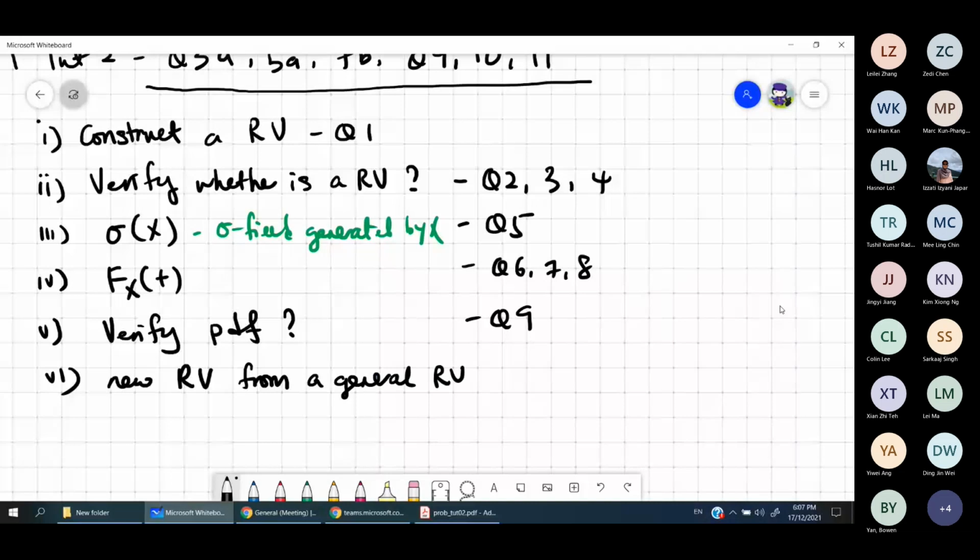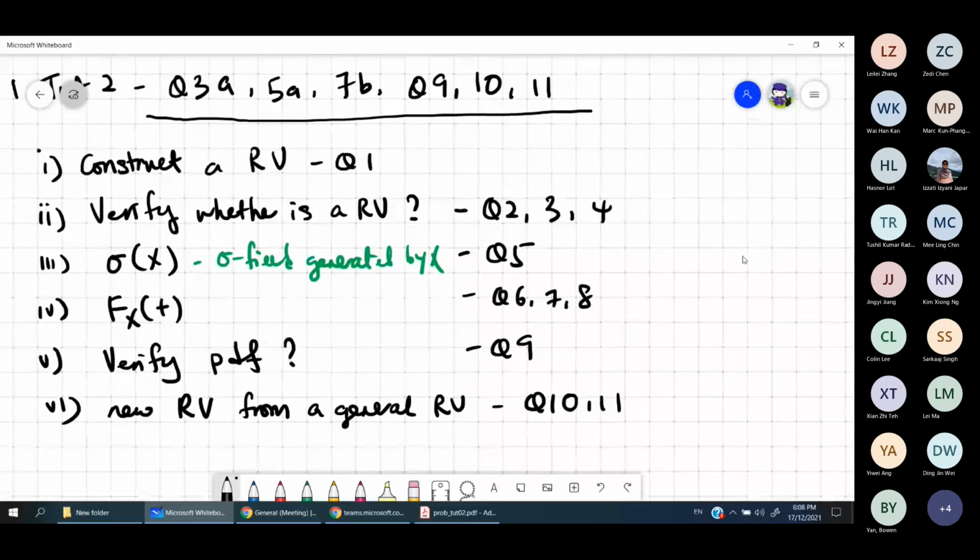Okay, so we have a given random variable, and then we use some kind of Borel function to define a new random variable, and after that we ask several questions on it. So this is question 10 and question 11. So basically these are the questions that we will cover in this tutorial here.